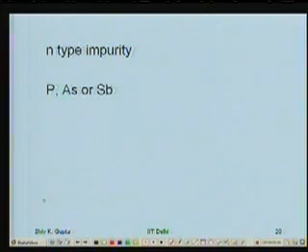Impurities which we add generally for pure elemental semiconductors, as we said, silicon and germanium, and more commonly what we use is silicon. Germanium really we started with, in 1948, but slowly we found that handling germanium is not so easy.